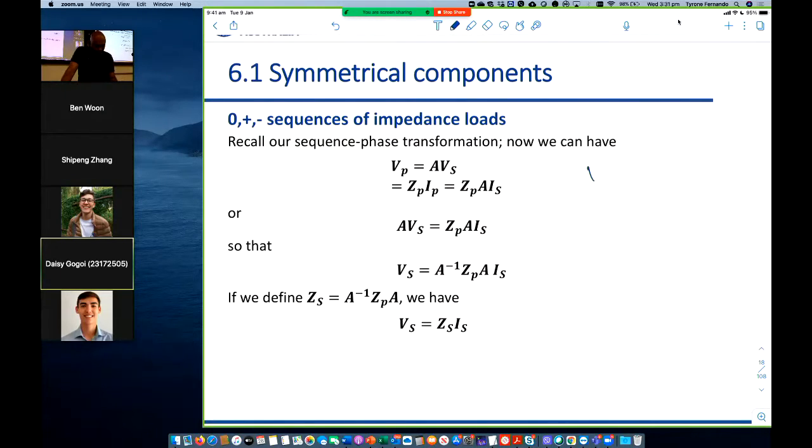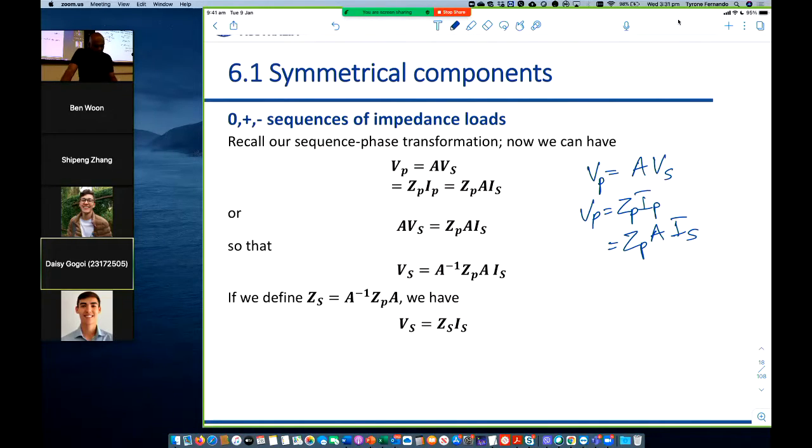All right, so what can we say now? We know that phase voltage is related to sequence voltages through this relationship, A times Vs. We also know that Vp must equal Zp Ip, right? Impedance matrix Zp multiplied by the phase currents. Now we also know that Ip can be written as A times Is, A times the sequence current. The phase currents must equal A times the sequence currents.